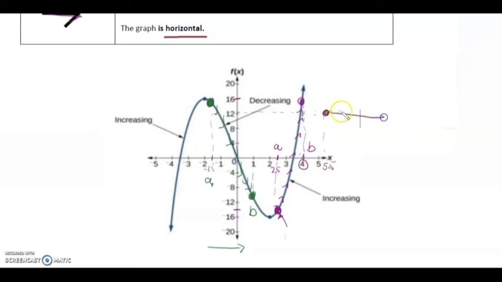Say we're horizontal to this point. This is still going to be at 12, but then now it's going to be like, I don't know, 8. Because this point has the same y value as this point, the graph is horizontal.